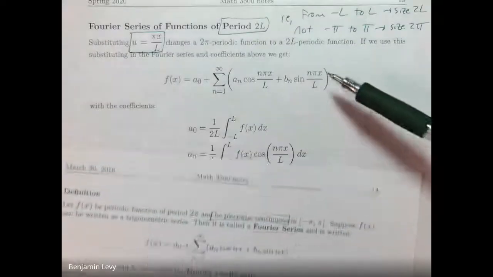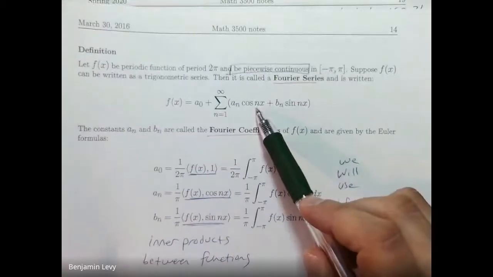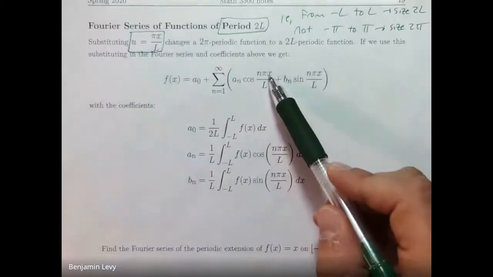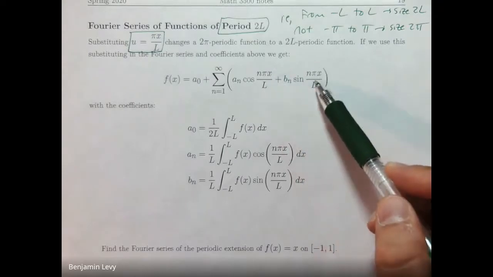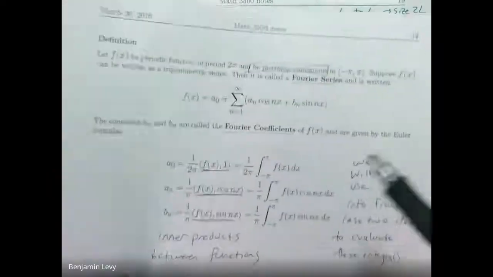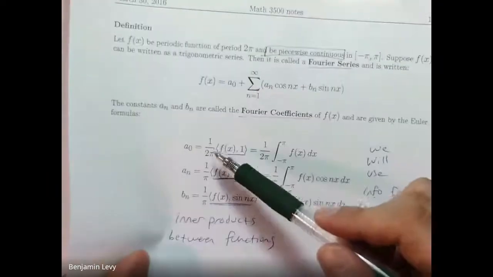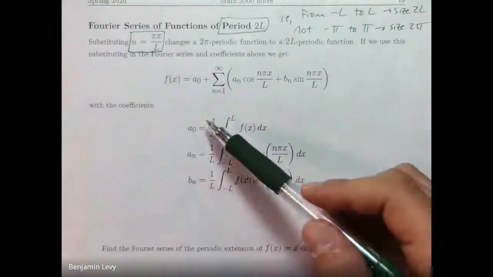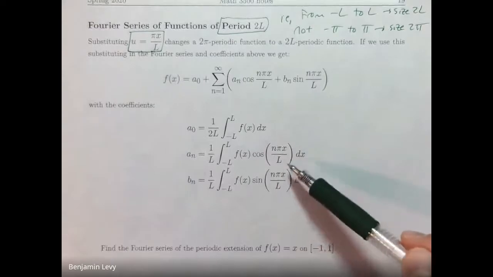Let me point out the few differences. Instead of cosine nx and sine nx, you've got n x times pi over L, because you've made the substitution with pi over L. Instead of going from minus pi to pi, you're integrating from minus L to L. Instead of 1 over 2 pi or 1 over pi, you've got 1 over 2L and 1 over L. And these things have the L in there as well.